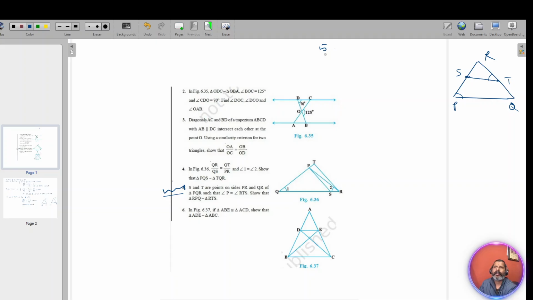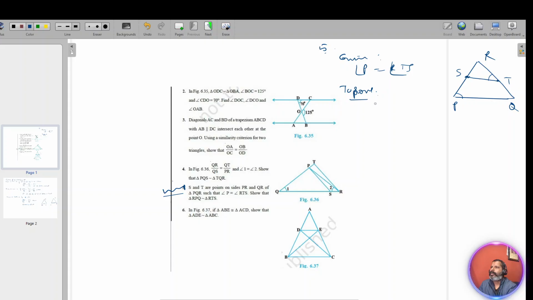It's a very simple and easy thing. We'll solve that. First write the given. The angle is given, right? Equal. Thus we'll write that. Given angle P equal to angle RTS. Then to prove, we write, copy from the question.